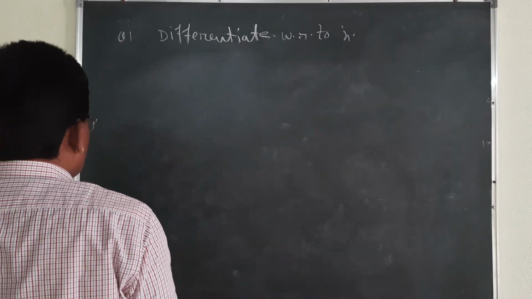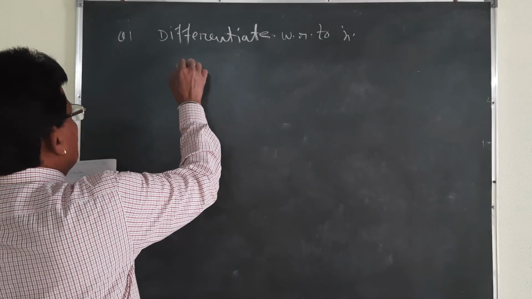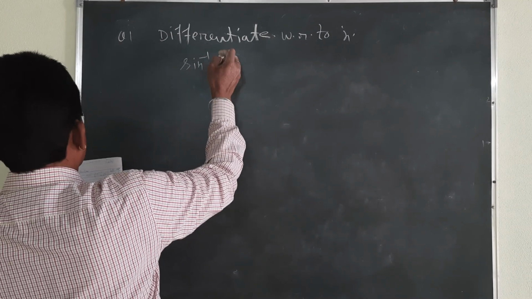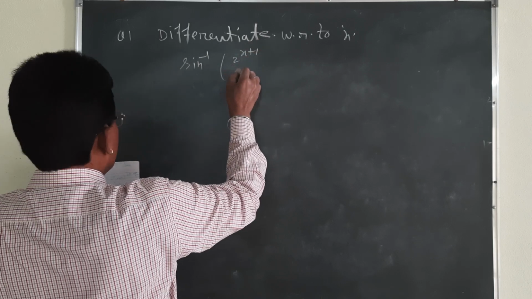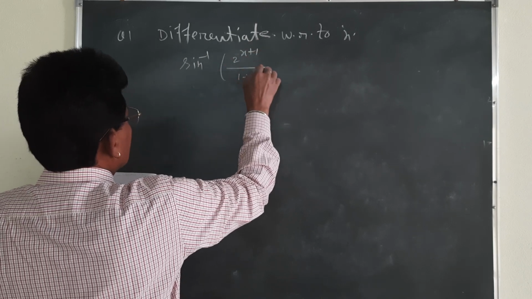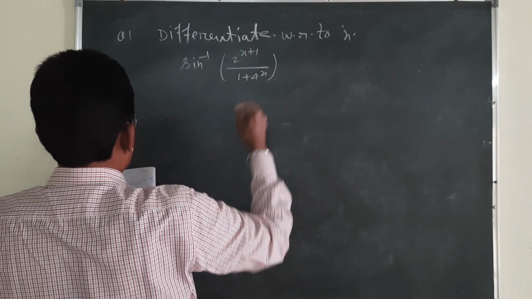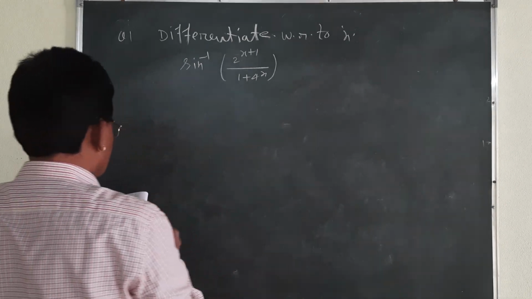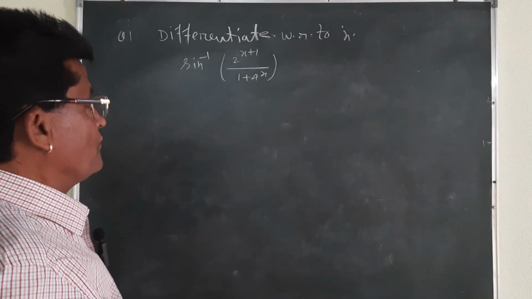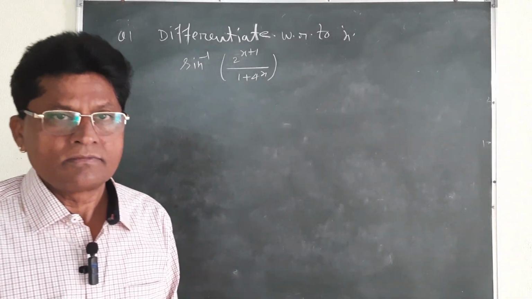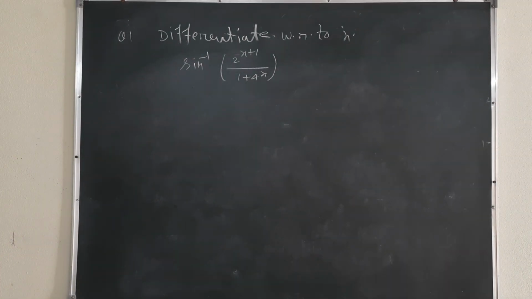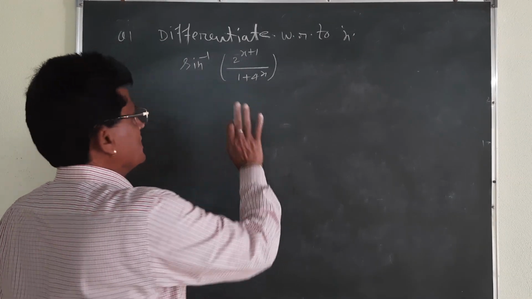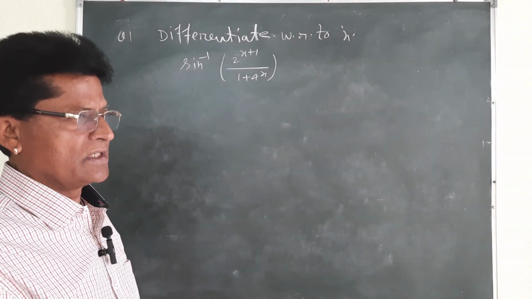Okay, see, differentiate, very important question: 2 to the power x plus 1 upon 1 plus 4 to the power x. You will have to solve this question. As I told you, this is a very important question, and such questions also come in competitive examinations.